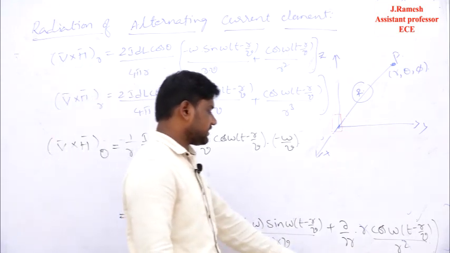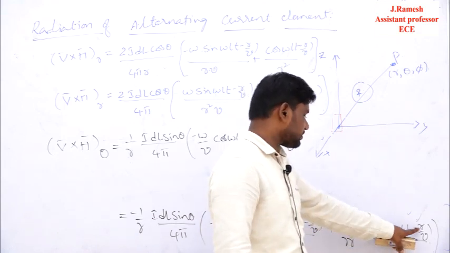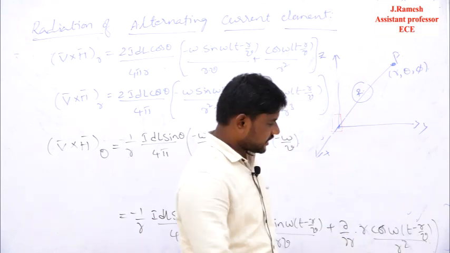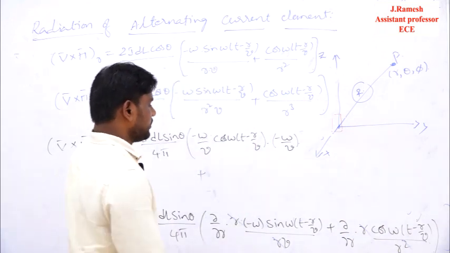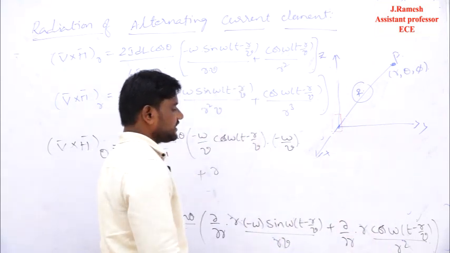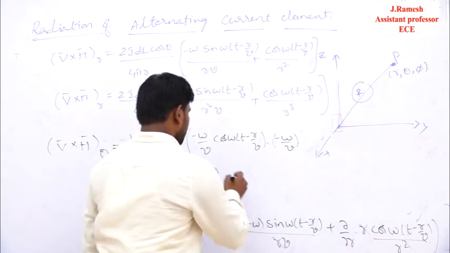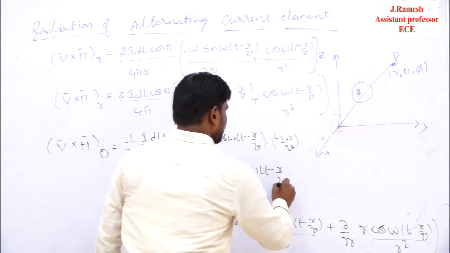So again I got my value as minus omega by v, with the sin derivative as a cos. Now if you see this one, again it looks like a u by v formula. Here also an r term, here also an r term. So we know the uv formula, and now I am going to derive this one. So uv means v into, that means r into, what is the derivative of cos? The cos derivative is minus sin omega into (t minus r by v).